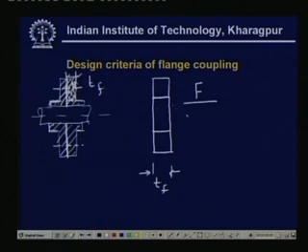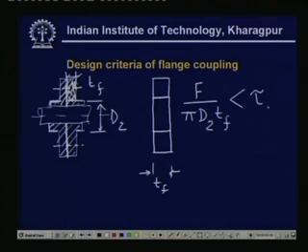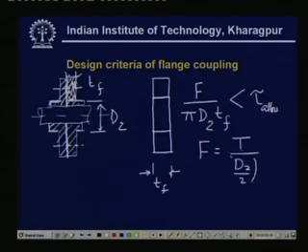The total area is pi times d2 times T_F. This is the shear stress, and that must be less than tau allowable, and again F is related to the torque by this formula, with d2 by 2. So if you use these two formulas, then you can find the safe value of T_F. This is how the flanges are designed.